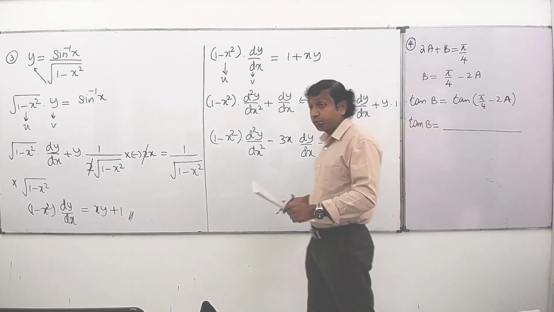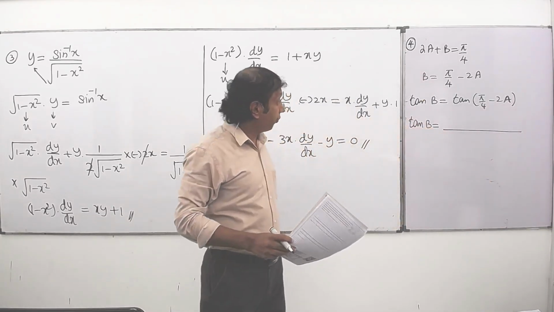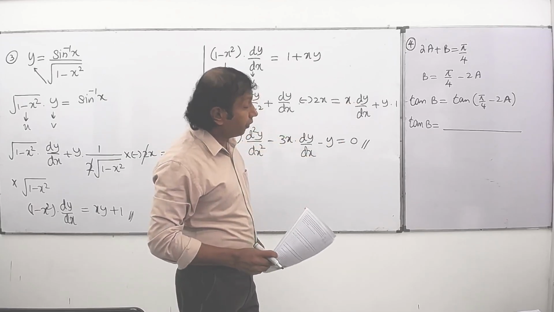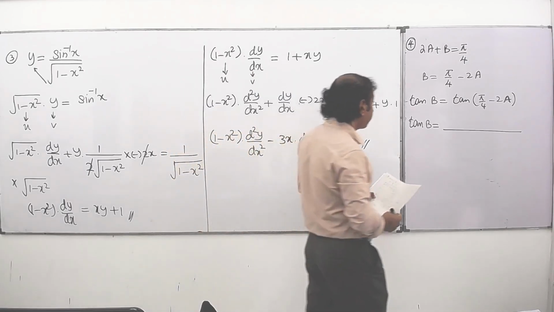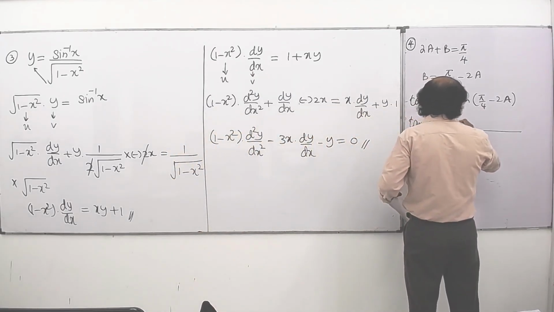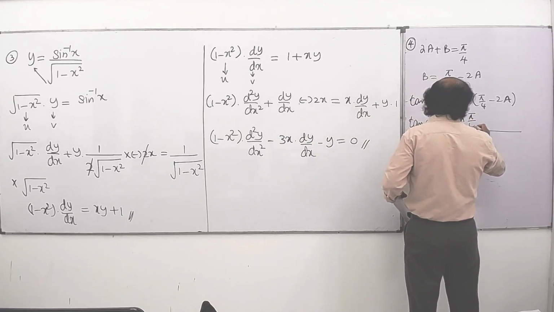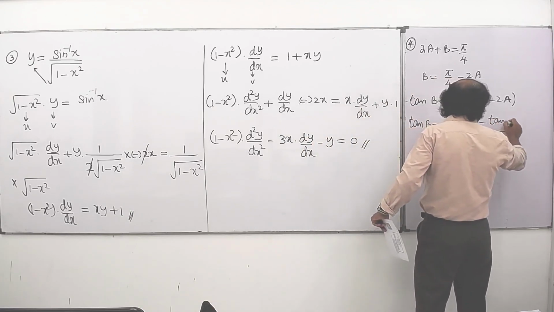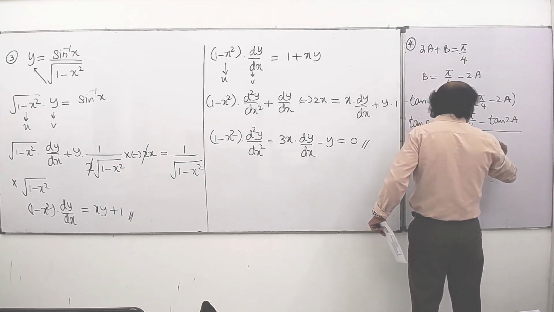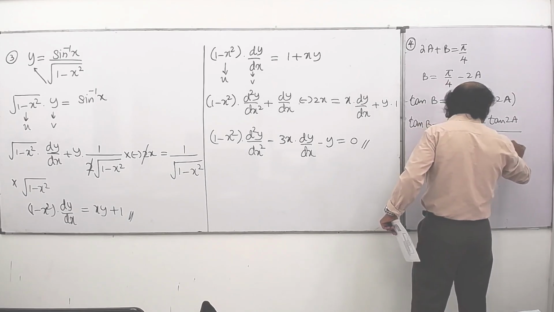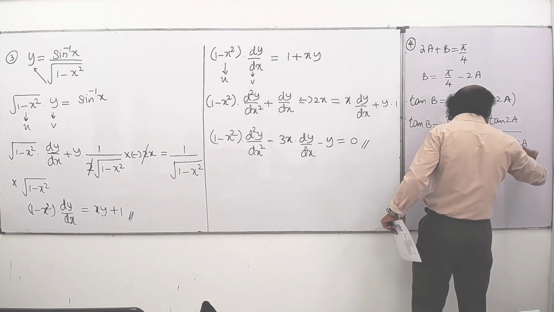The right hand side you can expand by using the tan a minus b formula. You know, tan a minus b formula is tan a minus tan b divided by 1 plus tan a tan b. Tan pi by 4 minus tan 2a, 1 plus tan pi by 4 tan 2a.